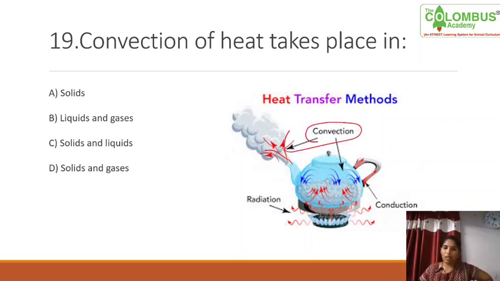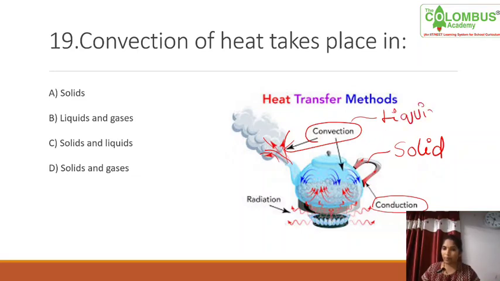Whatever heat you feel around the vessel, we call radiation. If you touch the metal and get the heat, that is called conduction. The heat transferred in solids is called conduction. Convection may happen in liquids as well as gases.